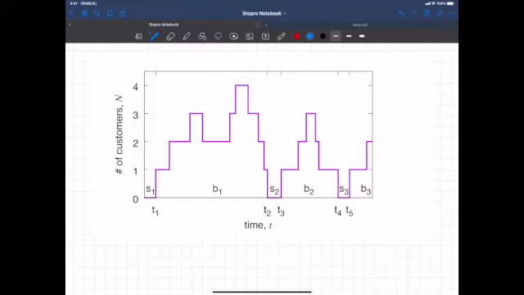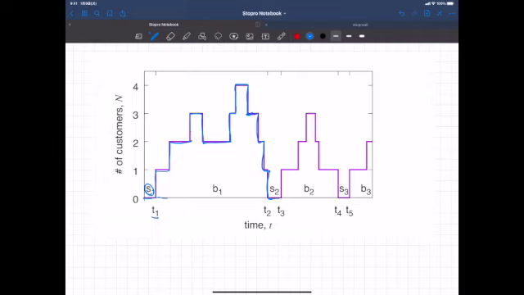One customer arrives, and a second customer arrives in the queue, and a third customer arrives, and the first customer leaves, and another customer arrives, then one customer leaves, and another leaves, another leaves. Then the server enters a slack period again.